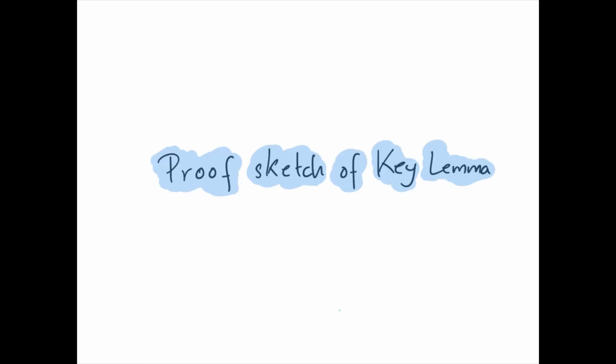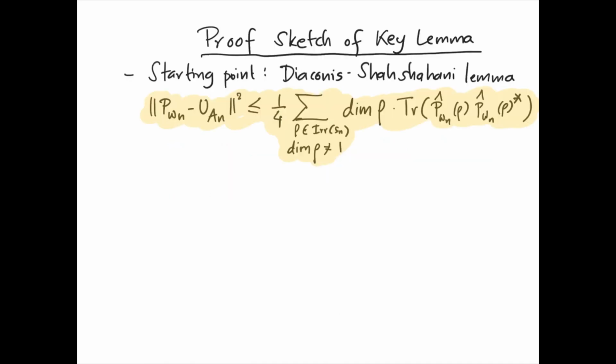We are now ready to sketch the proof of the key lemma, the commutator distribution lemma. The starting point is the Diaconis-Shahshahani lemma applied to our case for An.